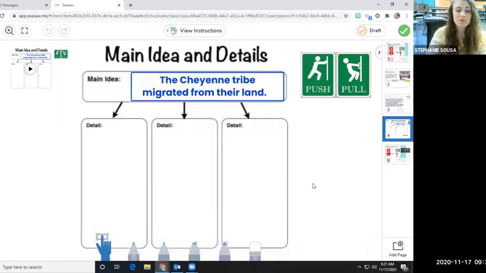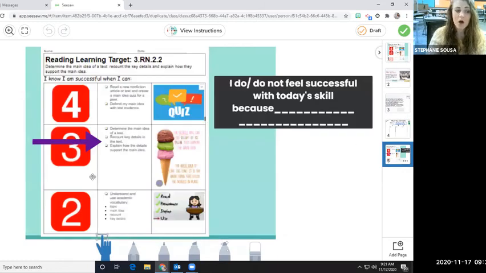Slide 3 is where you are going to put your details, your push and your pull factors that support the reasons the Cheyenne tribe migrated from their land. As always, we'd like for you to reflect on your success criteria and tell me how successful you feel with your main idea and detail work today. Okay? All righty.